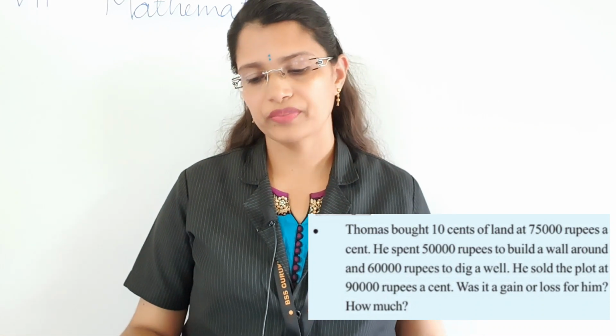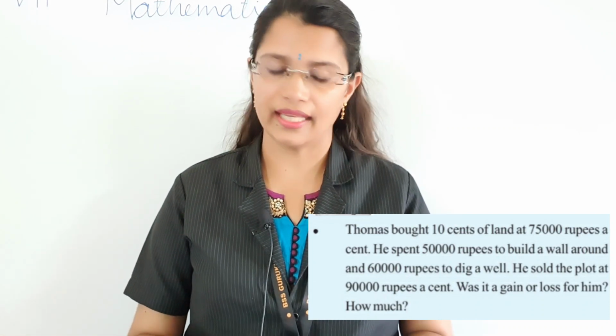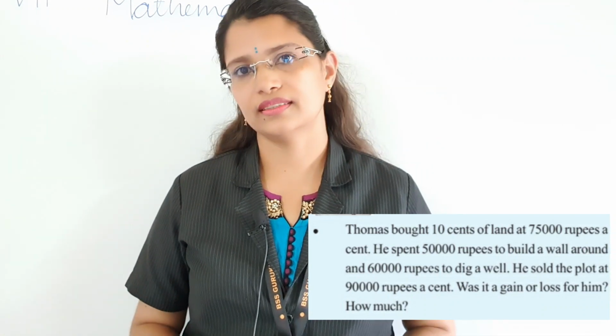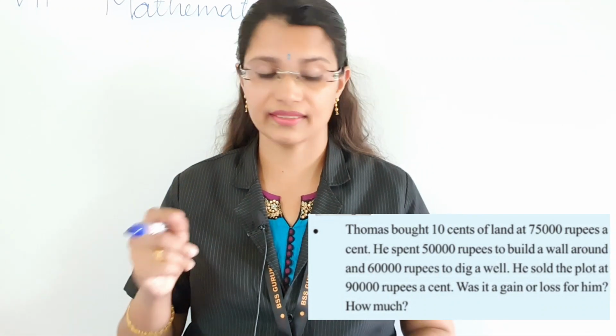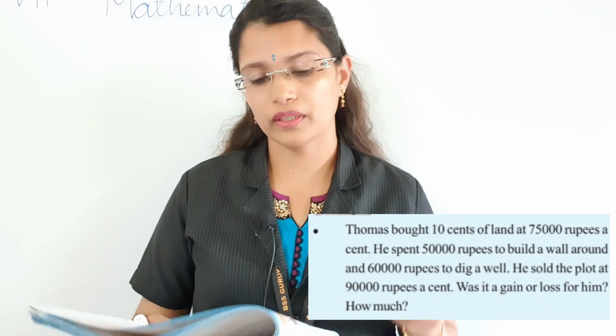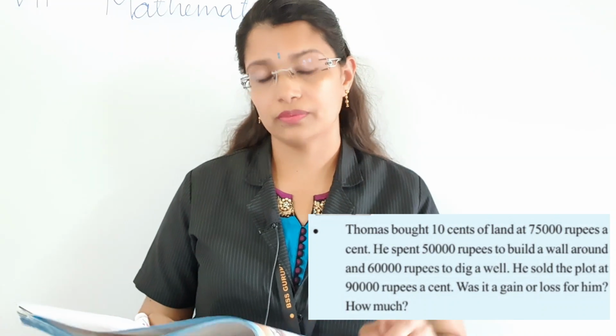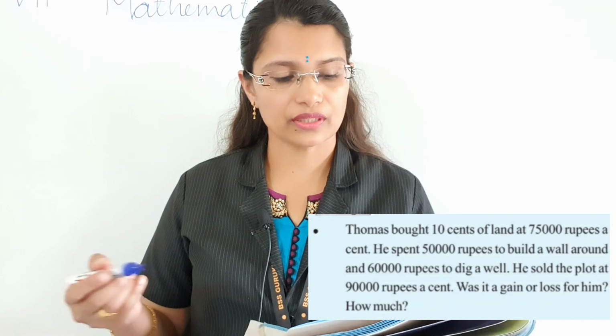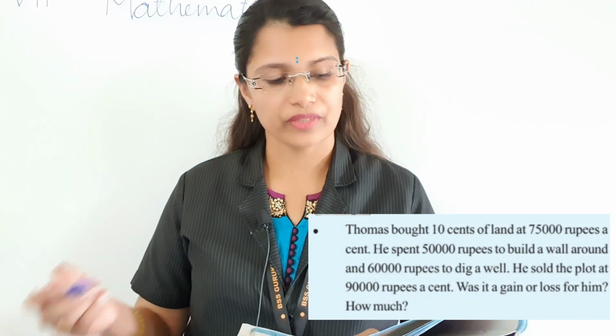Thomas bought 10 cents of land at 75,000 rupees a cent. That means for 1 cent it is 75,000 rupees. How much did he buy? Thomas bought 10 cents, right? He spent 50,000 rupees to build a wall around.